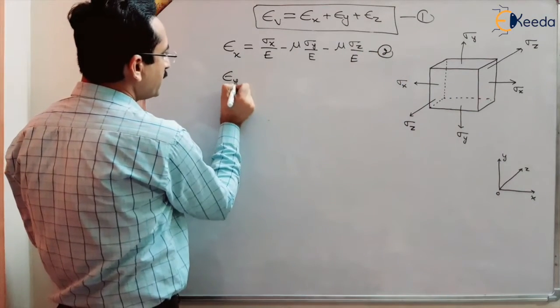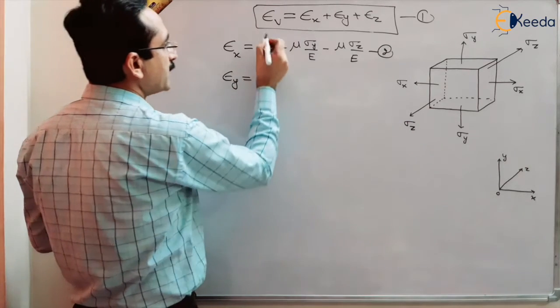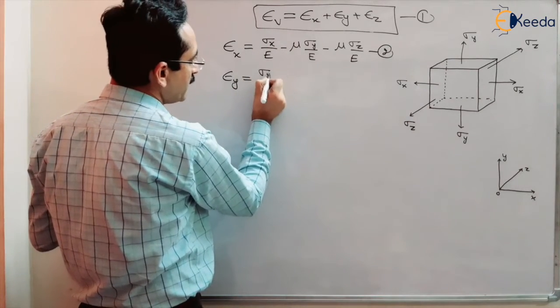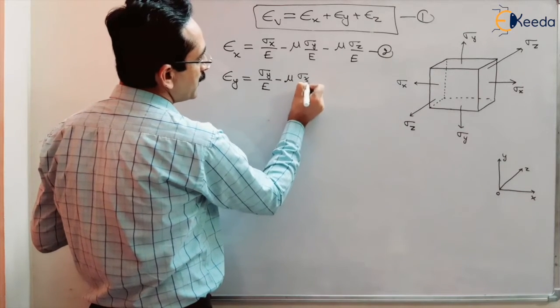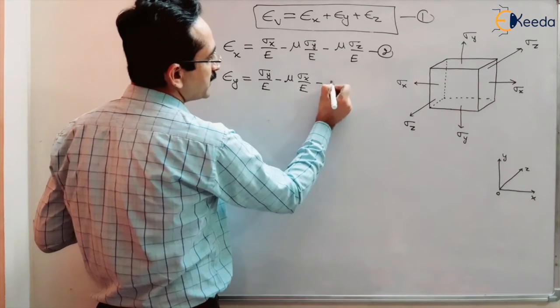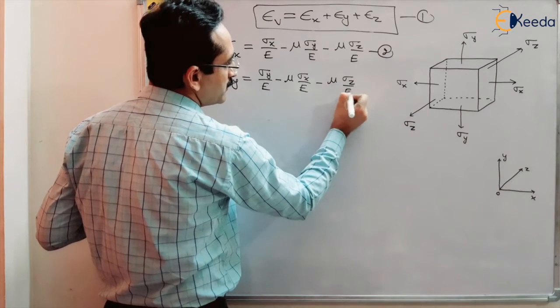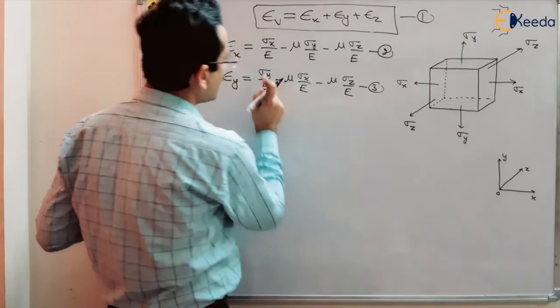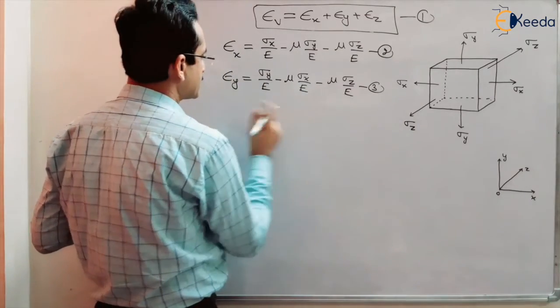Now similarly we can write the strain in y direction. In y direction the linear strain will be due to sigma y, and due to sigma x and sigma z the strain will be in lateral direction. So this will be sigma y upon E, this is a linear strain and these two are lateral strains.